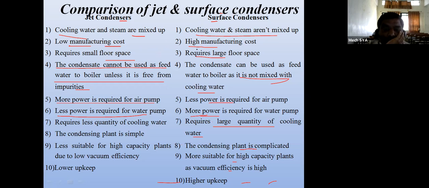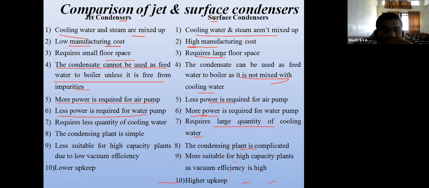So it is a little more complicated geometry compared to the jet condenser, and therefore the manufacturing cost is high. The jet condenser requires small floor space because its efficiency is higher, since the steam mixes directly with water. The surface condenser has lower efficiency, therefore it requires larger floor space.